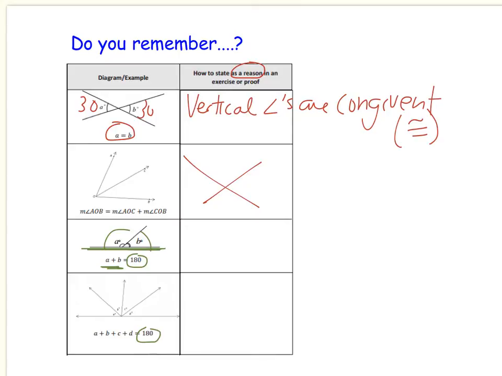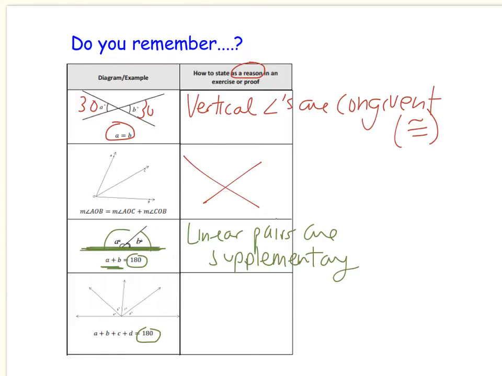Linear meaning line, pair meaning two. So here we will say that linear pairs are supplementary. So anytime you use this supplementary concept, your reason would be because they're linear pairs.